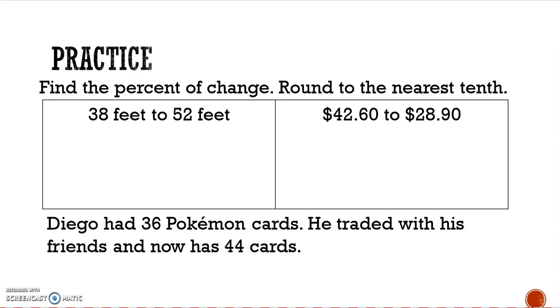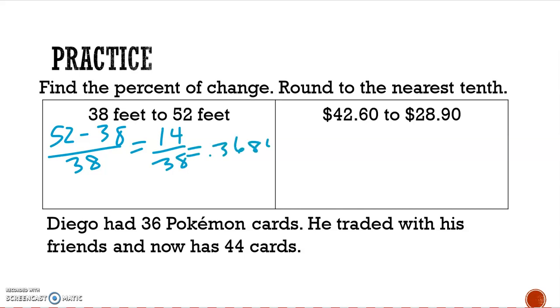Okay, so we are going from 38 feet to 52 feet. So I'm going to do 52 minus 38, and 38 came first, so I'm going to divide by 38. 52 minus 38 is 14, divided by 38. When you type that in, that gives you 0.3684, and it keeps going.